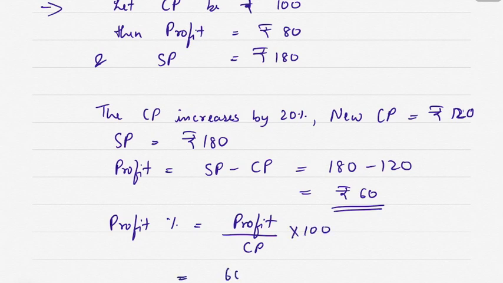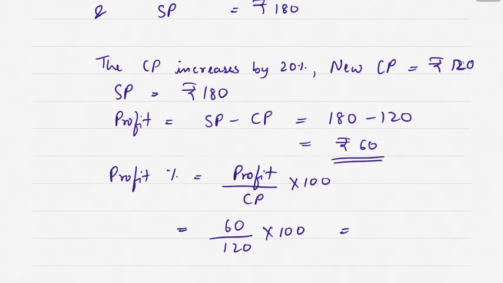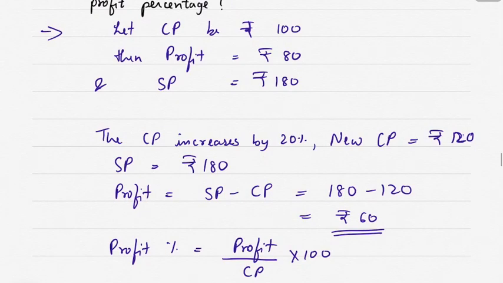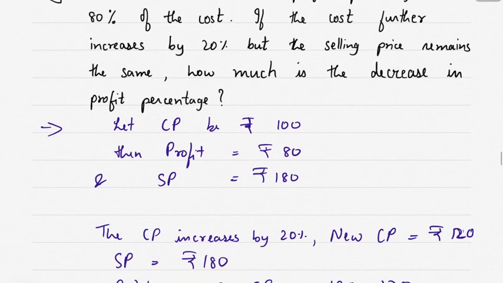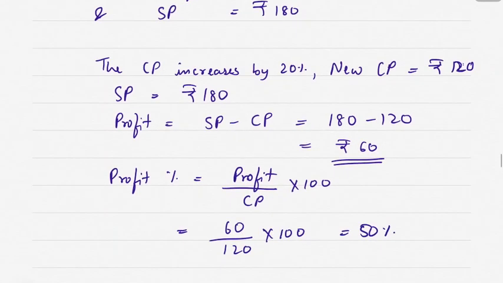So profit is 60 upon 120 into 100, which is 50%. Right? So initially profit was 80% of the cost, and now it has become 50%. So therefore decrease in profit would be 30%.